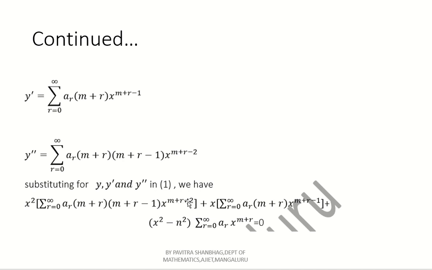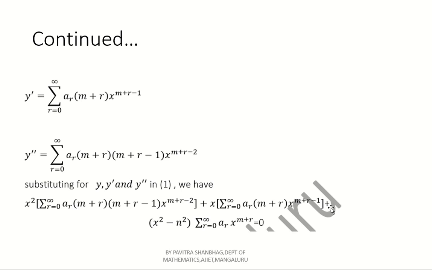So plus 2 minus 2 get cancelled, and the only remaining term is x^(m+r), right? Similarly, simplify this: multiply this x inside the summation sign. So summation r from 0 to infinity a_r (m+r), x power m+r-1 plus 1 for x. So minus 1 plus 1 vanishes, and only x^(m+r) remains.